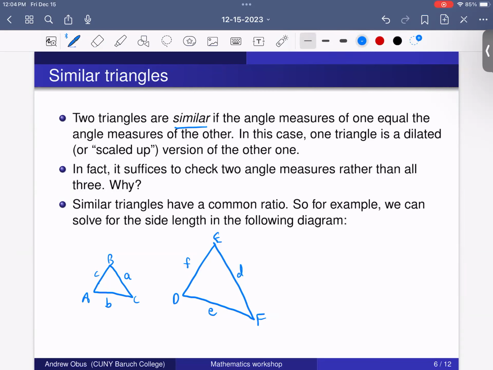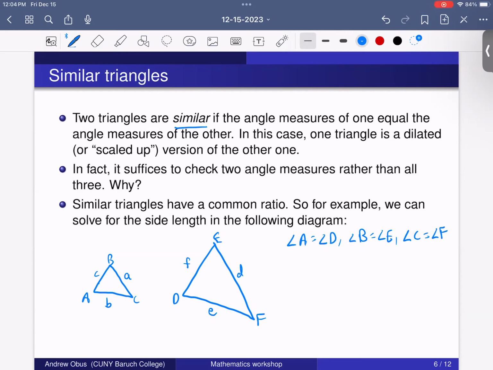Okay. So what this tells us is that angle A is equal to angle D, and angle B is equal to angle E, and angle C is equal to angle F. That's what similar means. Okay. That all of their angles are equal to each other.